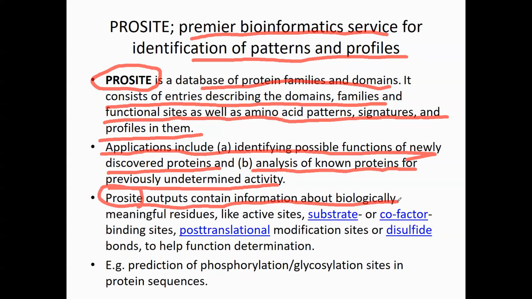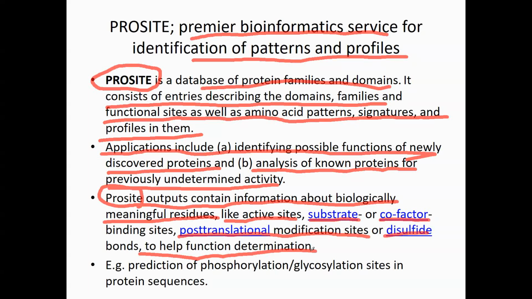So when we submit our sequence in ProCite, it provides information about biologically meaningful residues like active site residues, substrate binding residues, or cofactor binding residues, amino acids, and post-translational modification sites in the protein, disulfide bond sites in the protein, to help the identification or determination of the function of that protein.